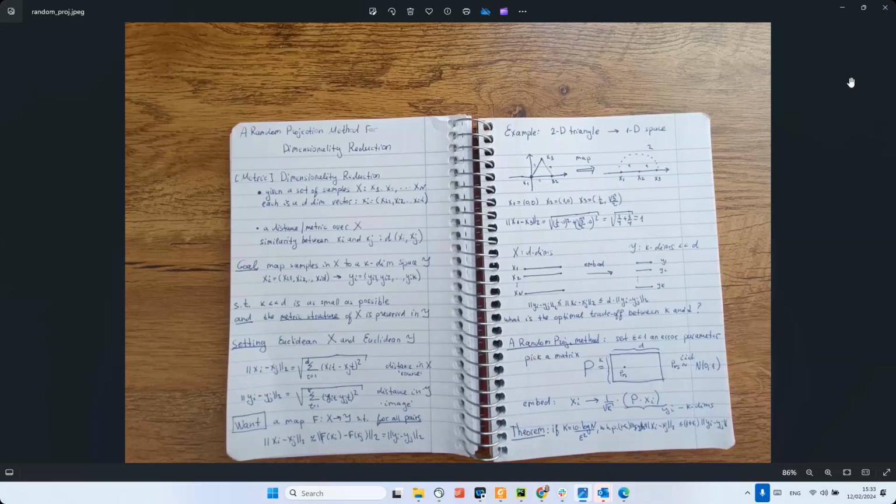And actually, roughly in 2005, another researcher proved that instead of picking entries of this matrix from a normal distribution, you can pick them from a distribution over plus 1, minus 1, and 0, each with probability one third. Because picking from a normal distribution algorithmically also takes time.